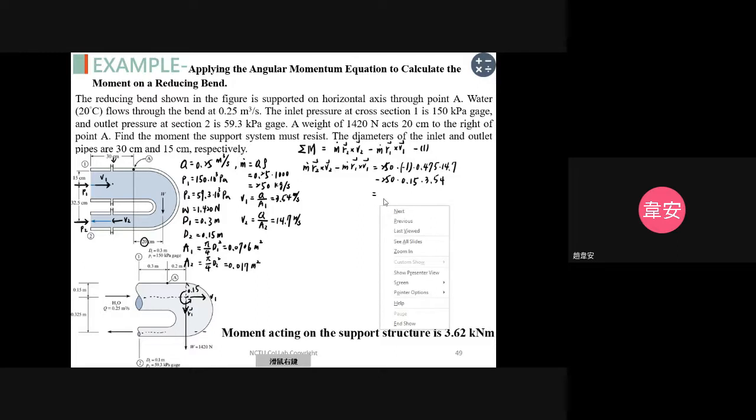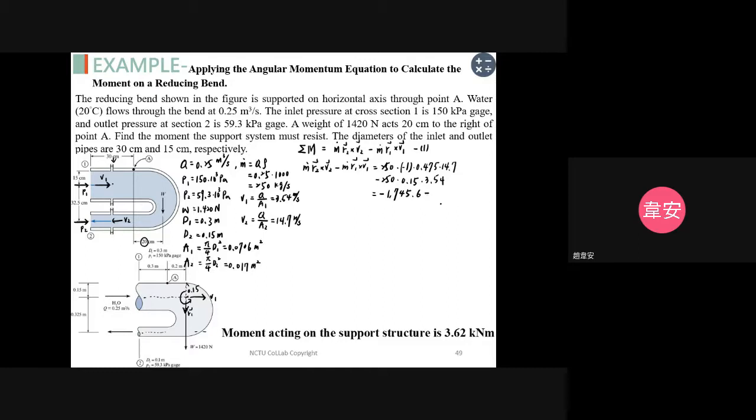The first term moment is equal to minus 1745.6, and also minus 250 multiplied by 0.15 multiplied by 3.54 velocity, which is 132.75.